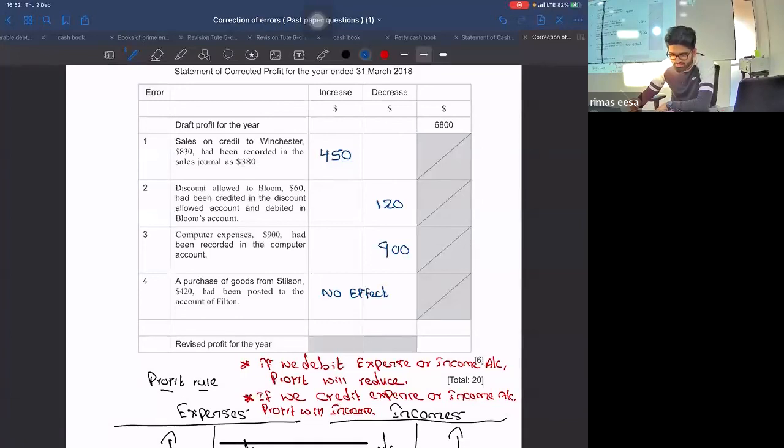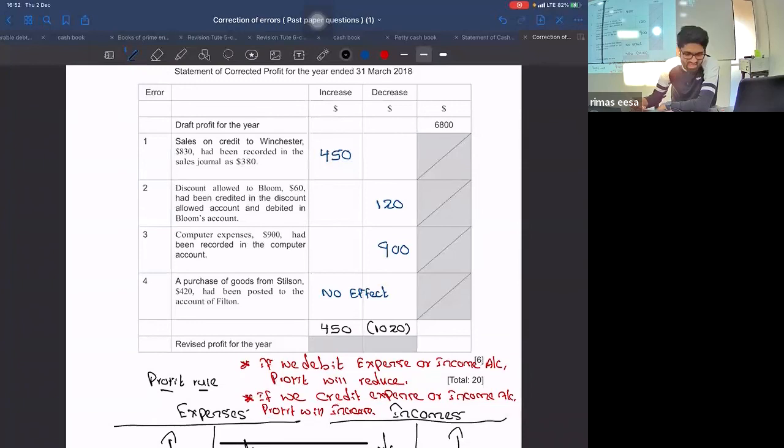Now tell me, how much is the total increase? Enter that 450 in this column. Total increase is 450. How much is the total decrease? 1020. Enter that 1020 within brackets. Now tell me, how much is 450 minus 1020? 570.